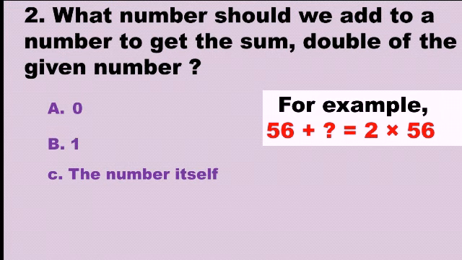So what should we add? Option A 0, option B 1, option C the number itself. So what should we add to get the double of the given number? Give the answer in my comment section.